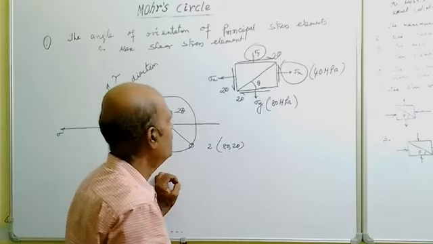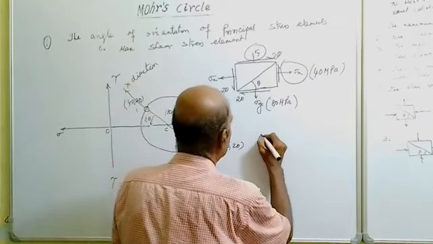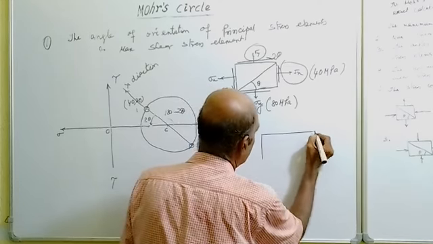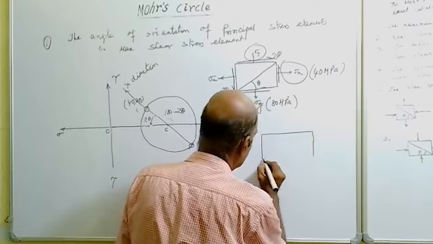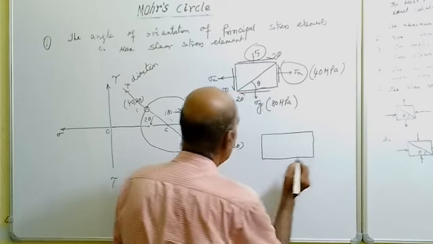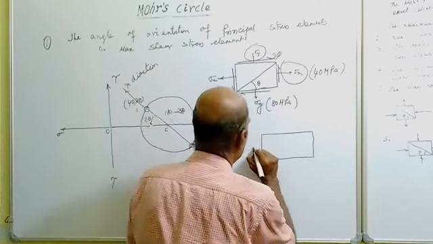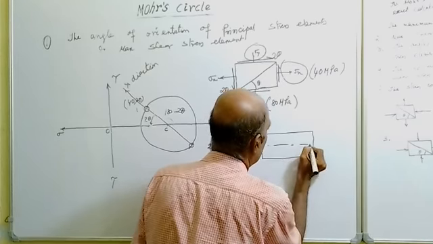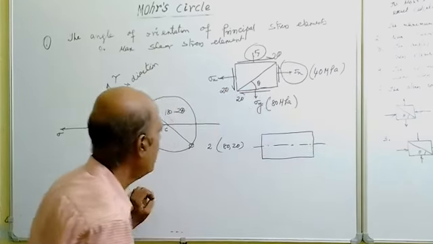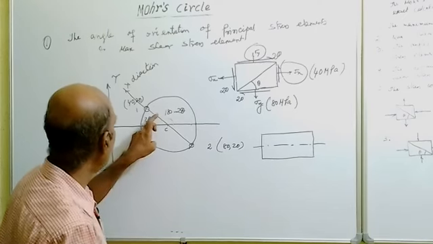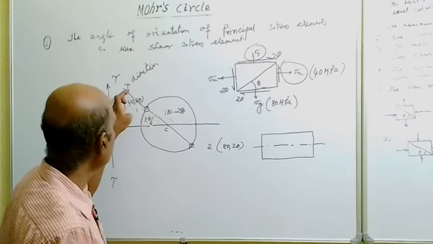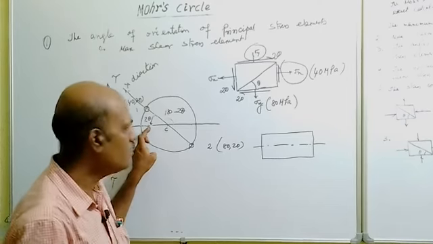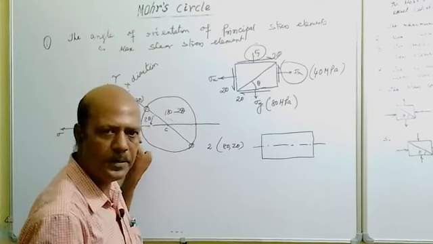So in this body, I am drawing the body again, only the stresses I am not drawing. This was the element, and let this be the axis. Now we have to rotate the x direction in anticlockwise sense by 2 theta, so we will get the minor principal plane.